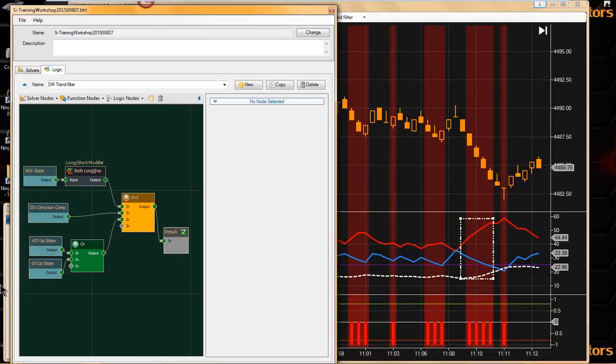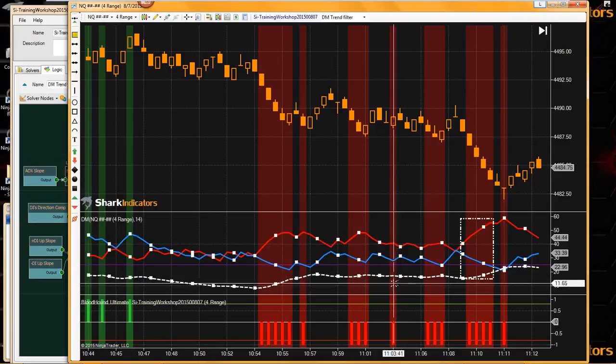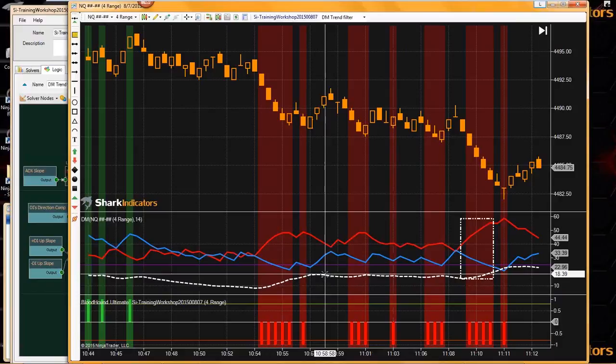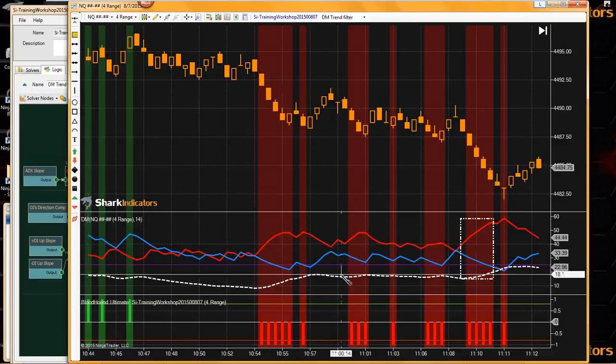Oh yes, I forgot one more component. So this is even going to get stricter. So I left out the threshold of the ADX. So let's see. John was suggesting 19 as a threshold. So let's put a line on here.